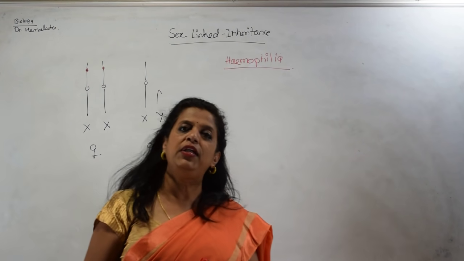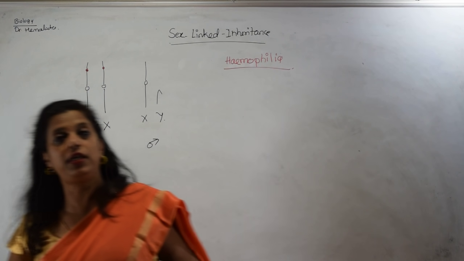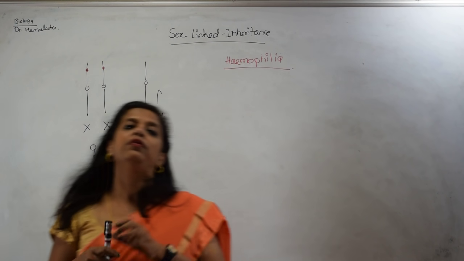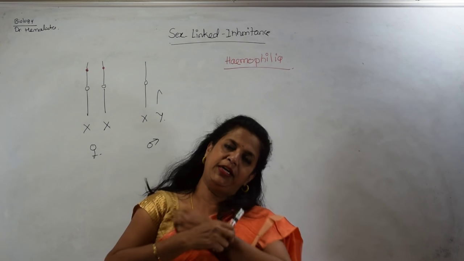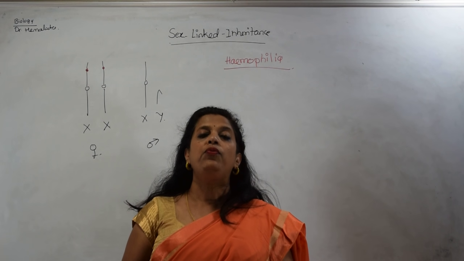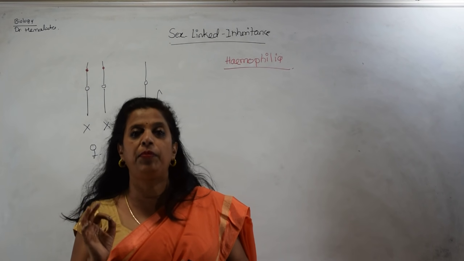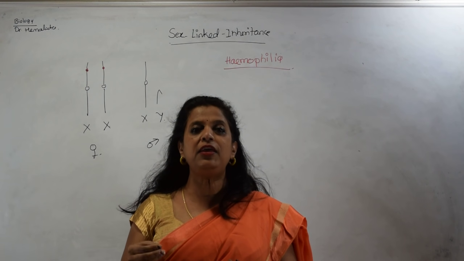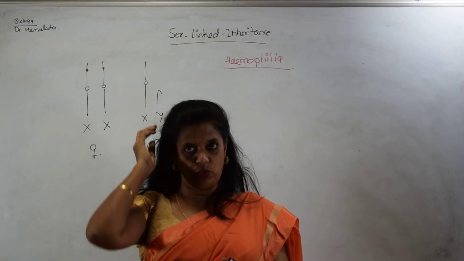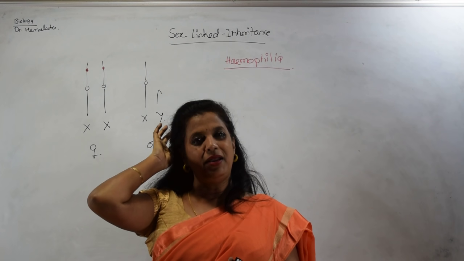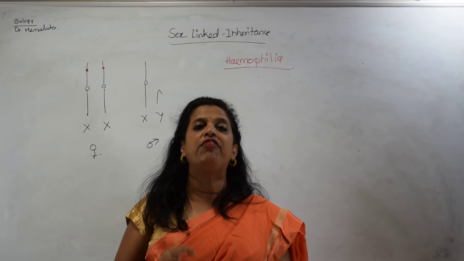So, what is hemophilia? It is a kind of genetic disorder in which the affected person, the patient, will not clot the blood even in any small injury. It means there is a lack of blood clotting factor.